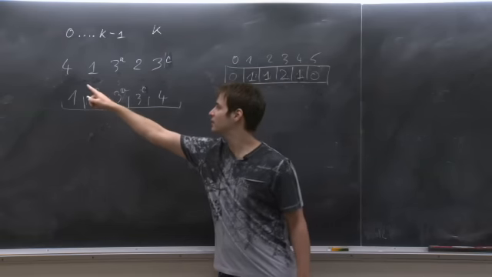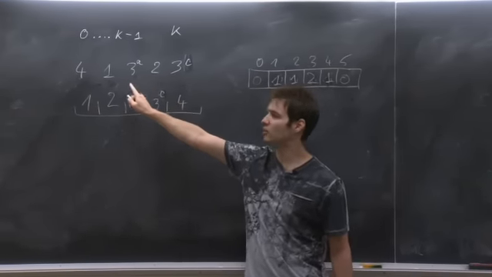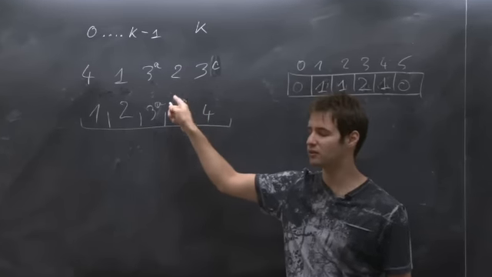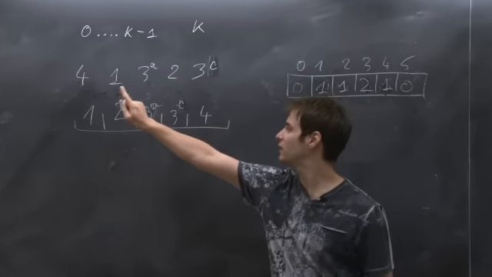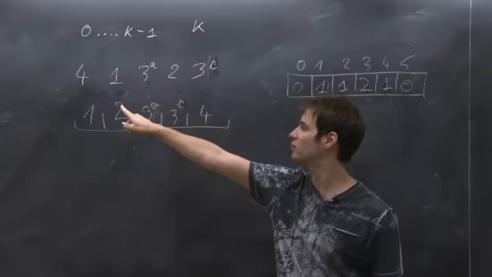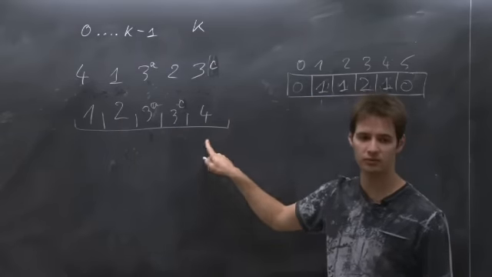So if I can look through here and see how many keys do I have that are smaller than 3, this is where 3A needs to go, right? If I look at 4, there are 4 keys that are smaller than 4, so it needs to go in position 4.